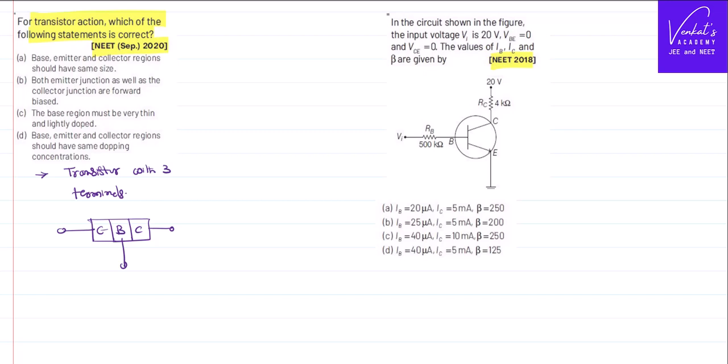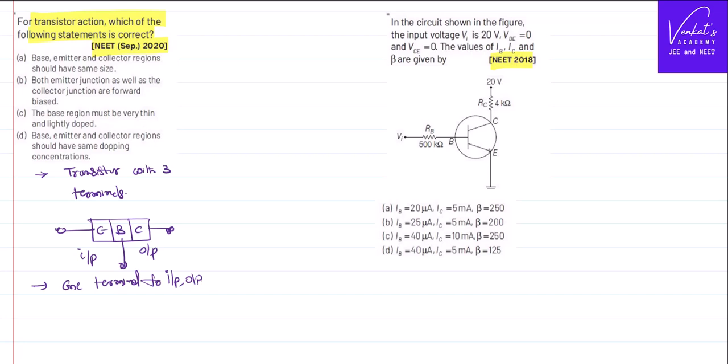For input I need two terminals, for output also two, altogether four, but we have only three terminals. So one terminal is used as common for both input as well as output. So, basics.